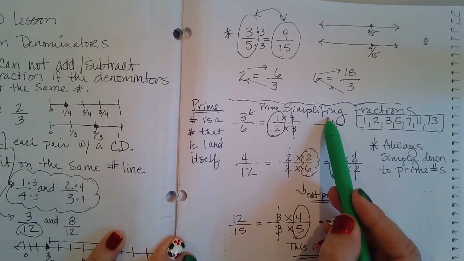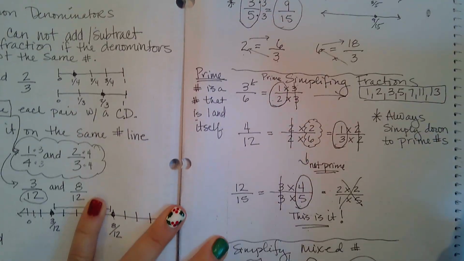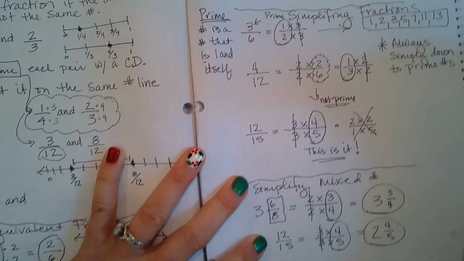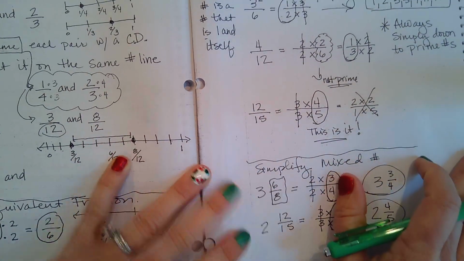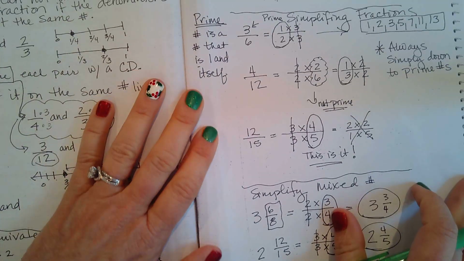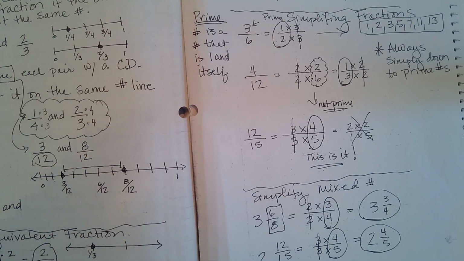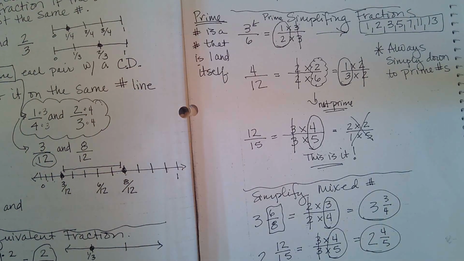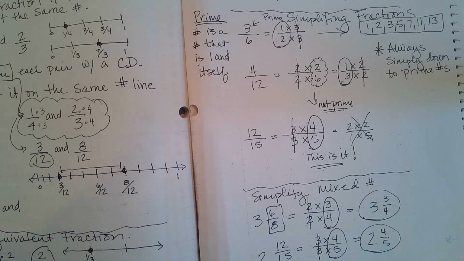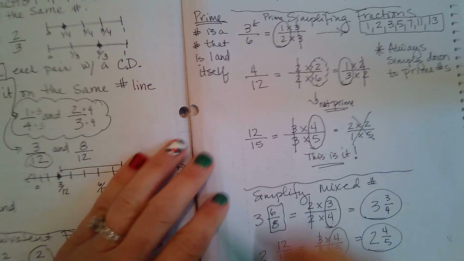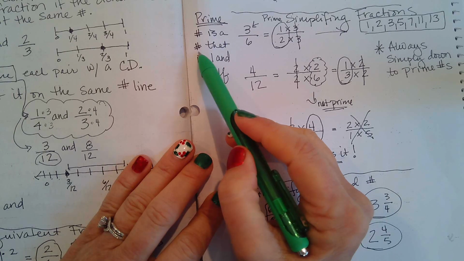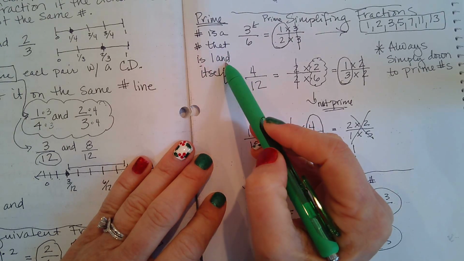Prime simplifying. All right, so whenever you are doing your fractions, they almost always want your answer, the product, or the addition or subtraction, in prime simplification. A prime number is a number divisible only by itself and 1.